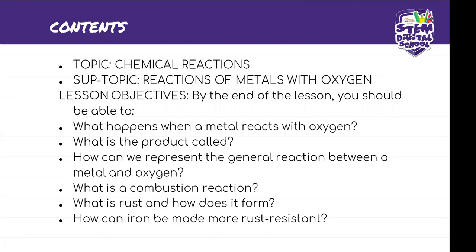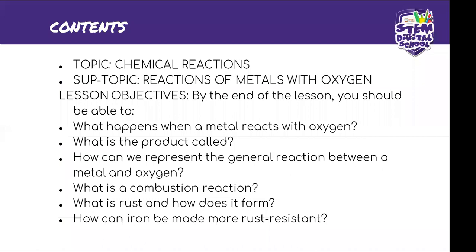By the end of the lesson, you should be able to explain or understand what happens when a metal reacts with oxygen. You should be able to identify what the product is. We saw that yesterday, so it's a continuation.